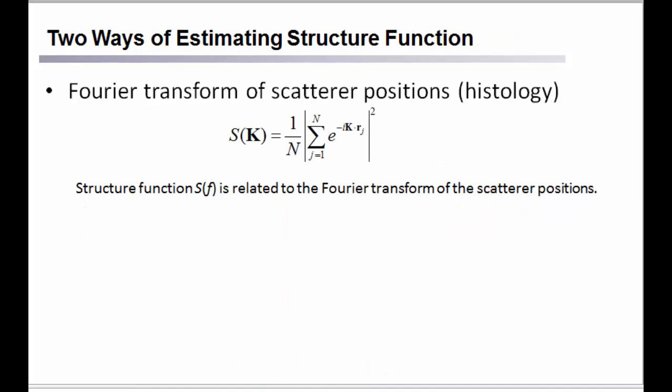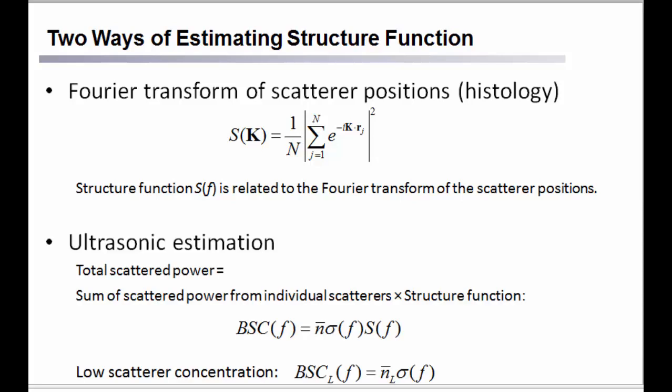There are two ways of estimating structure function. First is Fourier transform of scatter positions. From this equation, we'll be able to estimate structure function from histology because we can identify the scatter positions from histology.